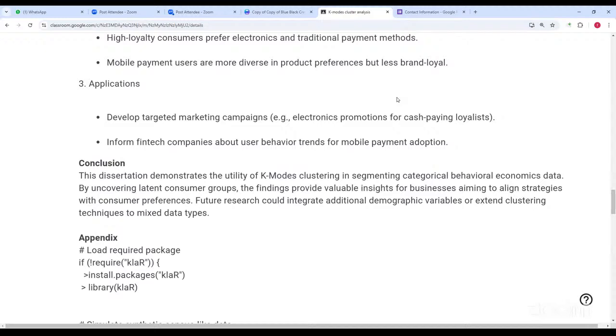By uncovering latent consumer groups, the findings provide valuable insights for businesses aiming to align strategies with consumer preferences. Future research could integrate additional demographic variables or extend clustering techniques to mixed data types. Okay.